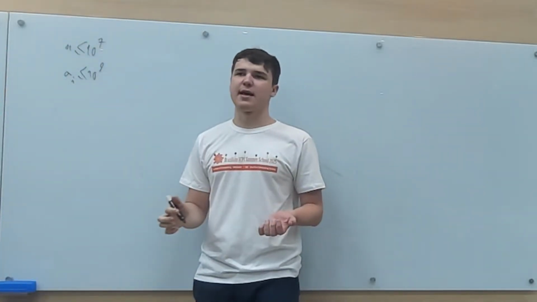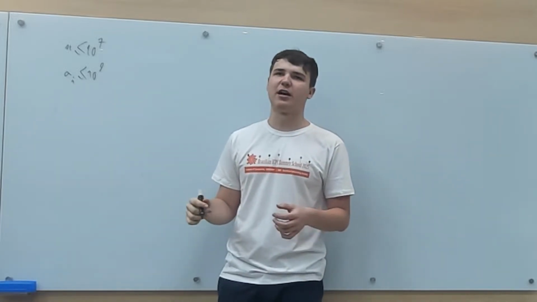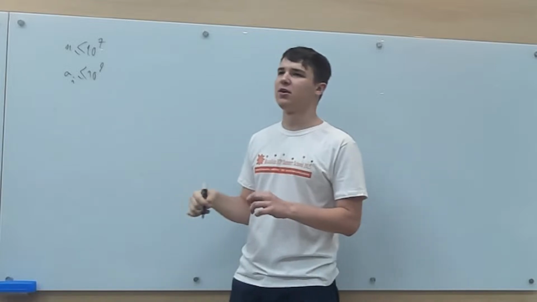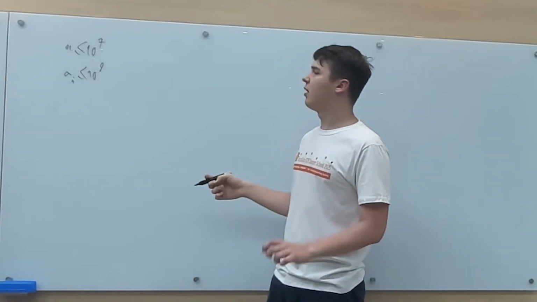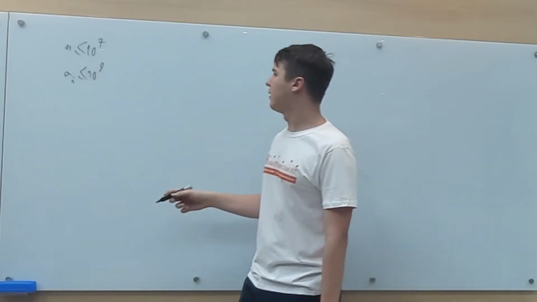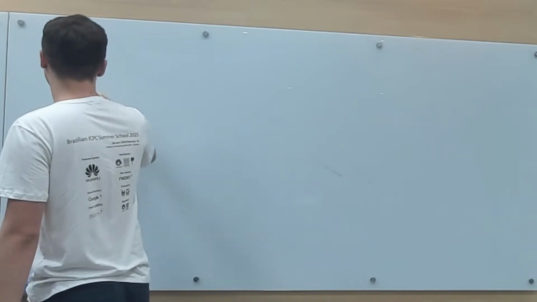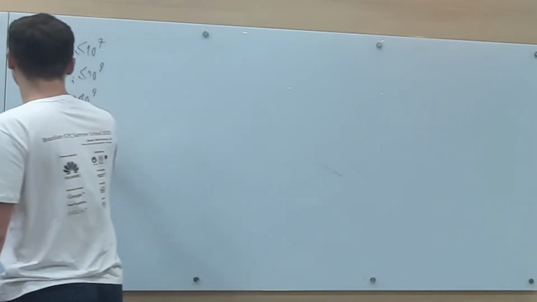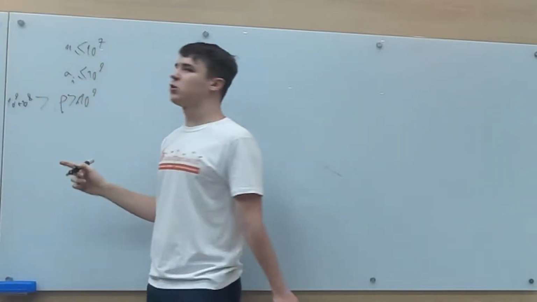This sequence is somehow already in memory, so we don't care about the overhead or the complexity of reading it. What we want to do is pick some p bigger than 10 to the power of 9, but smaller than 10 to the power of 9 plus 10 to the power of 8, which will be our modulo.